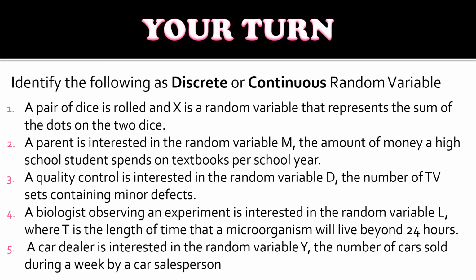Number 4, a biologist observing an experiment is interested in the random variable L, the length of time that microorganisms will live beyond 24 hours. Number 5, a car dealer is interested in the random variable Y, the number of cars sold during a week by a car salesperson.